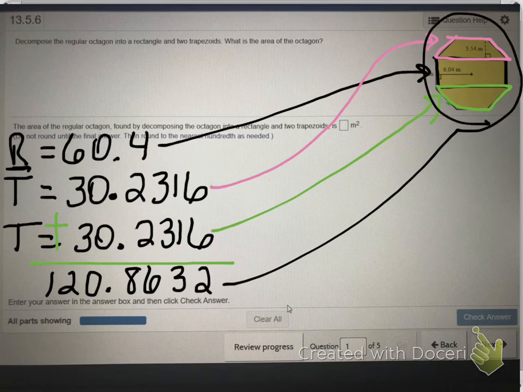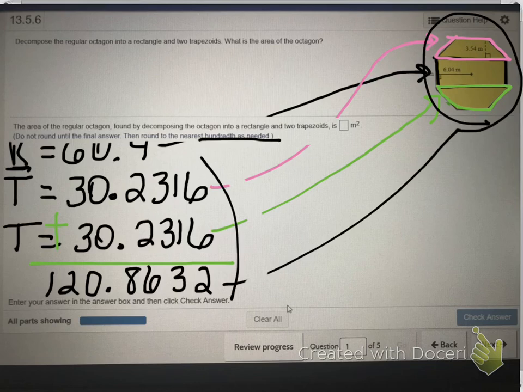So we need to figure out if we need to round this. I'm going to erase this so I can read it. It says the area of a regular octagon found by decomposing the octagon into a rectangle and two trapezoids is, and it says do not round until the final answer. So you notice I didn't round any of these numbers until I got to the end. And then it says to round to the nearest hundredth as needed.